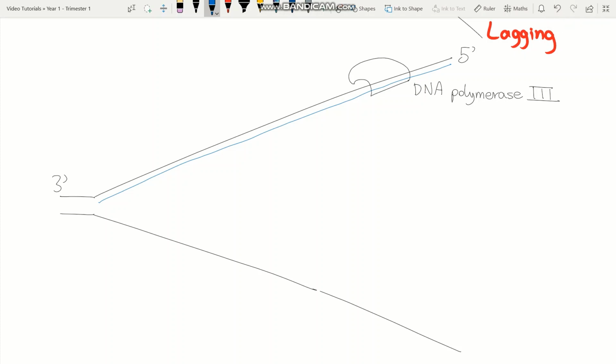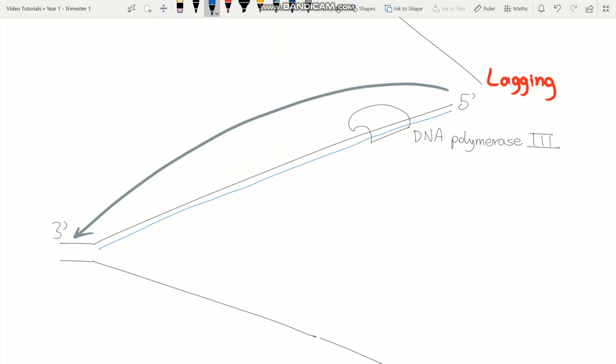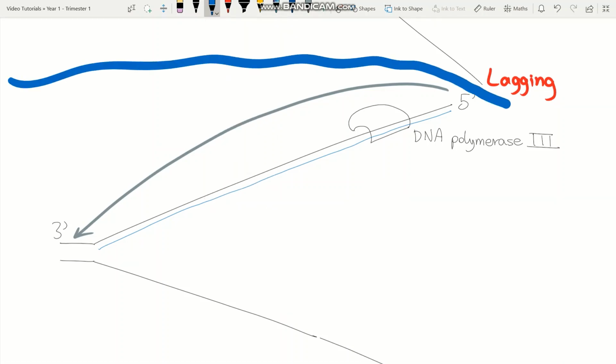But it can only work in a 5' to 3' direction, which is why the leading strand is so important. Just to not have any confusion, I'll just draw a border here. So this particular strand is the leading strand.